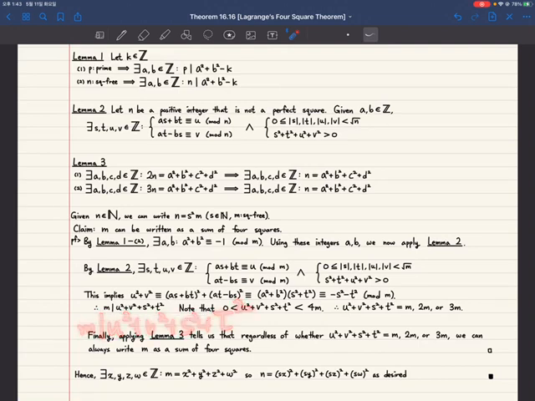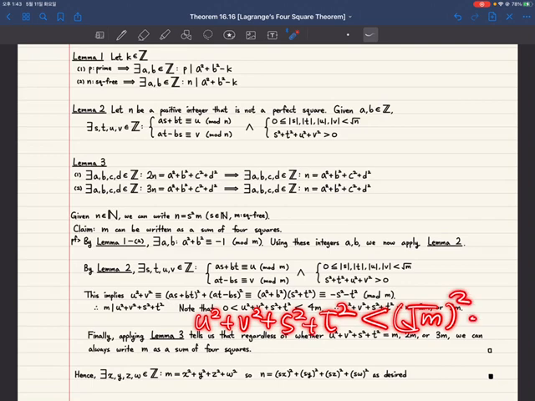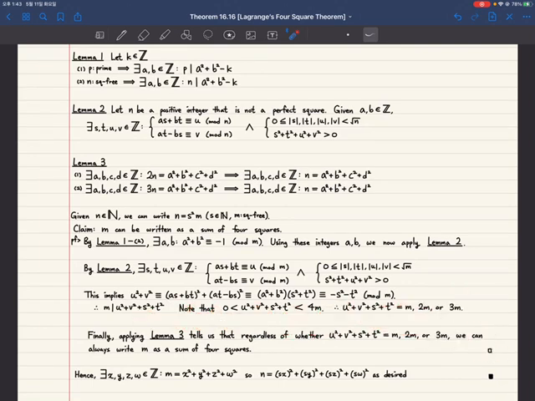But then recall that u squared plus v squared plus s squared plus t squared is less than (root m) squared times 4, which is 4m, and this is greater than 0. Since m divides the sum, this means that u squared plus v squared plus s squared plus t squared must be m, 2m, or 3m.